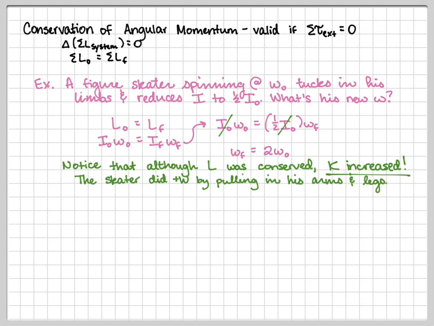Something interesting to note, right? Your starting angular momentum and your ending angular momentum are the same, right, since there were no external torques. However, your starting kinetic energy and your ending kinetic energy are not the same. In fact, your ending kinetic energy is higher, right? We saw that omega increased, right? So you've got I omega is equal to I omega, and 1/2 I omega squared, and the final 1/2 I omega squared, because that omega is squared, right? Your final kinetic energy is going to be bigger than your initial.